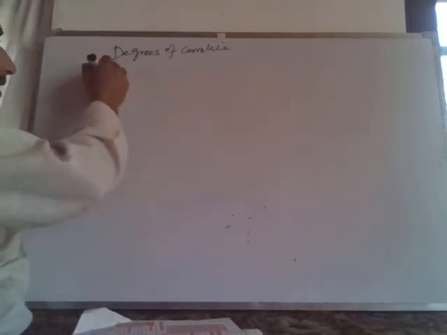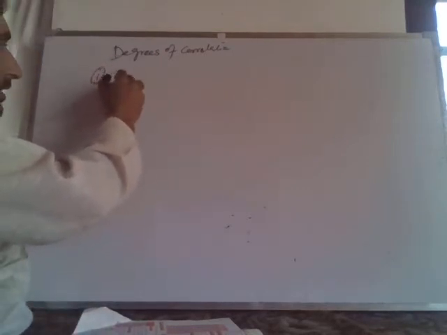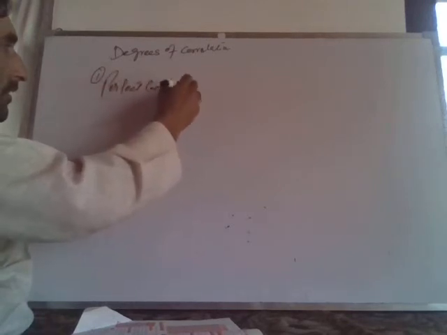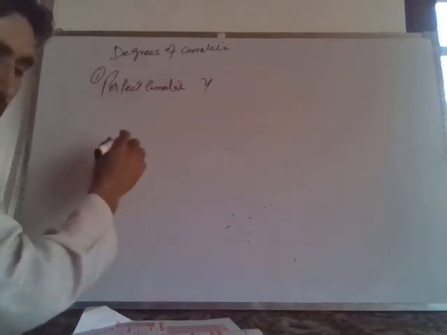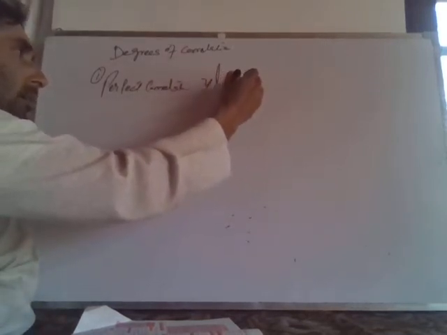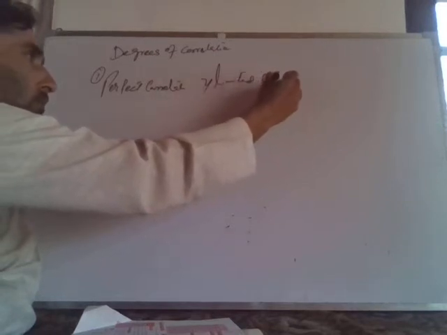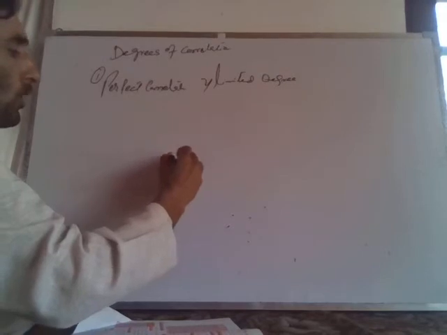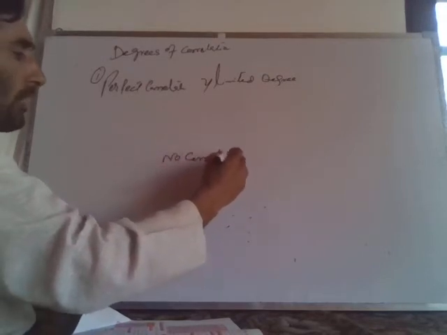We have 3 degrees. One is perfect correlation. The next one is limited degree of correlation. And the third one is no correlation, when there is no correlation between two variables.